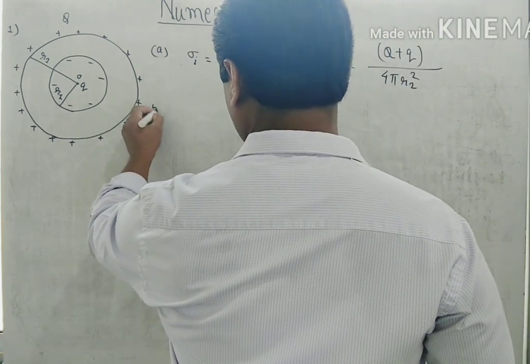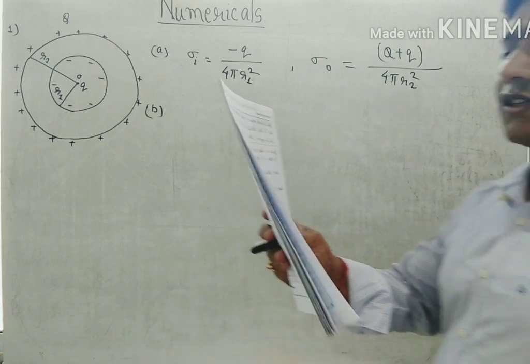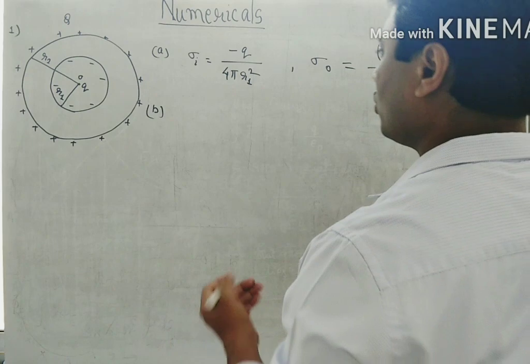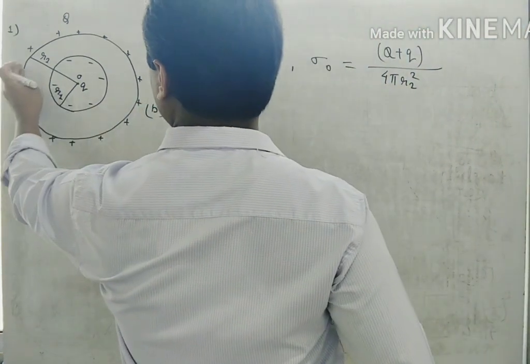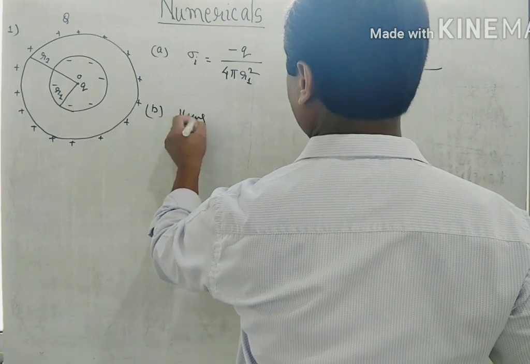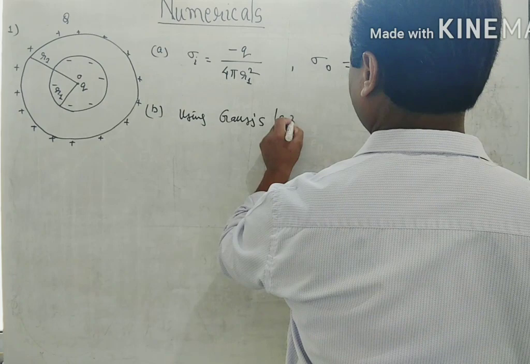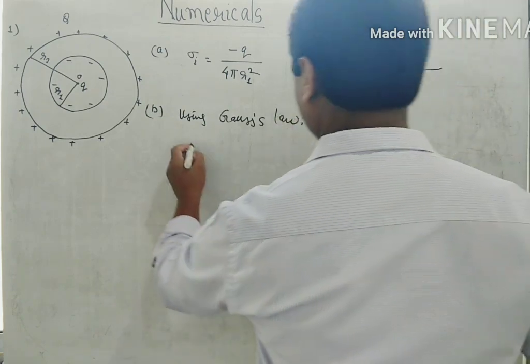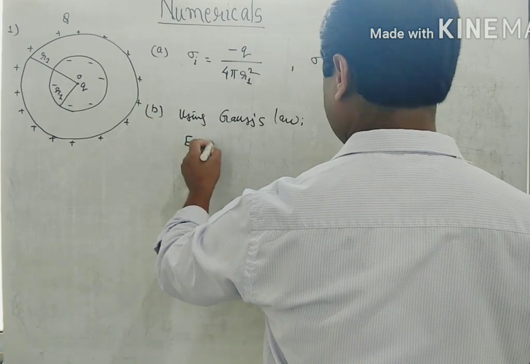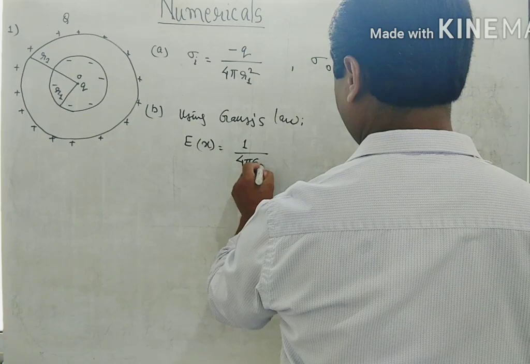Now for the second part you must write the expression for the electric field at a point x greater than R2. That means at a certain point beyond this surface. So using Gauss's law, we can directly have the electric field intensity at a point say x, which is equal to 1 upon 4 pi epsilon naught.